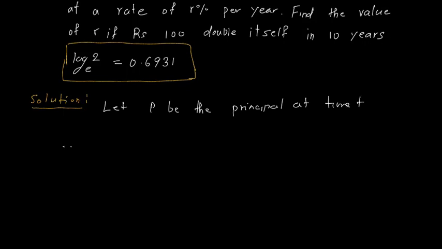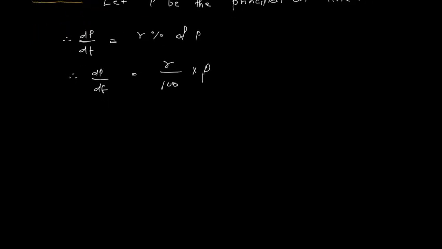Therefore dP upon dt, the rate of increase of principal, is equal to R% of principal P. So dP upon dt is equal to R upon 100 into P. I will keep all P terms with dP. So it is 1 upon P into dP is equal to R upon 100 into dt.